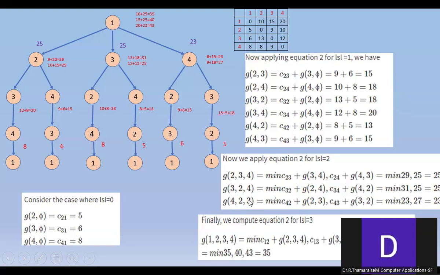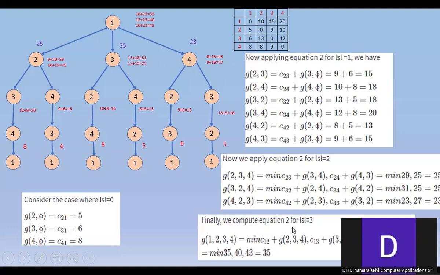We have to find all the possibilities, in which you have got 25, 25, 23. So you get this minimum cost: 29, 25, here 31, 25, 23, 20.